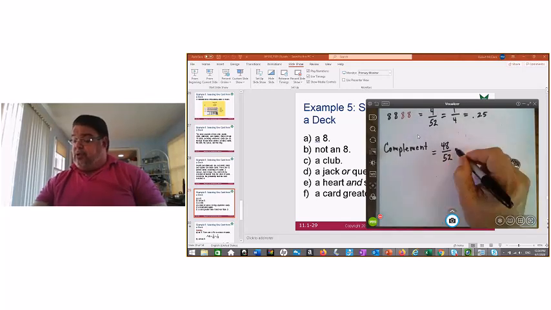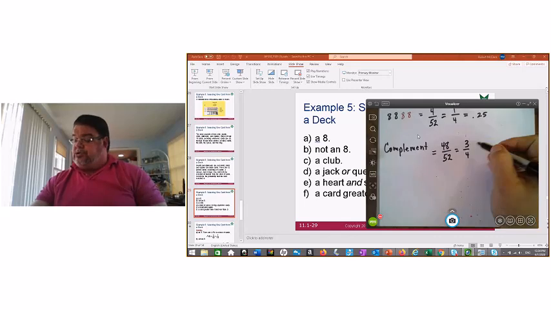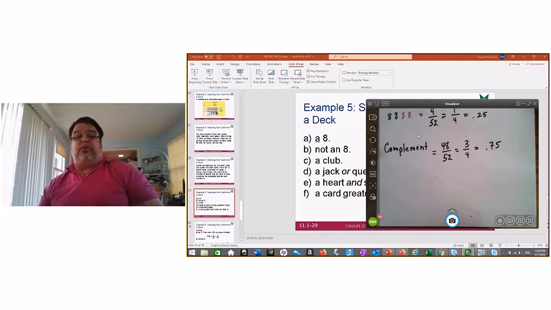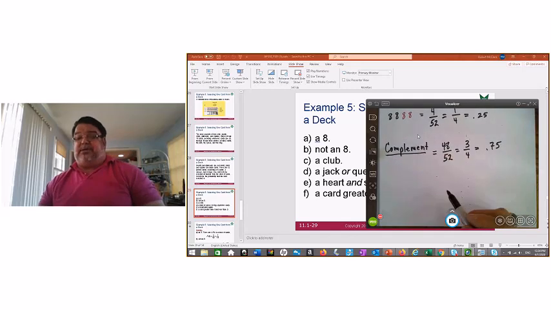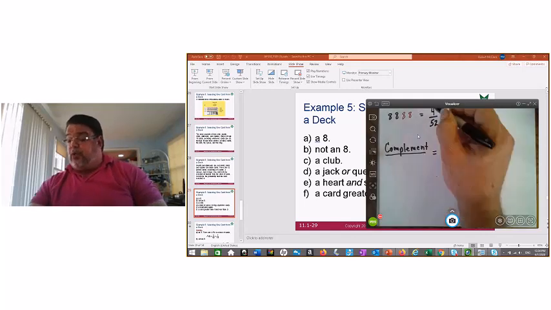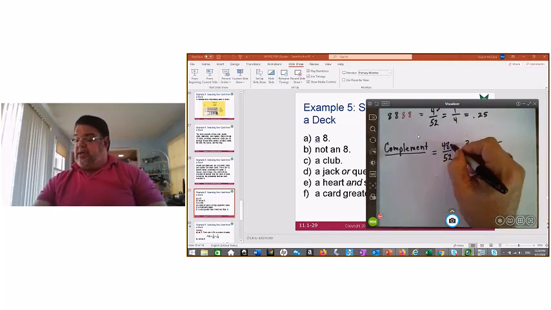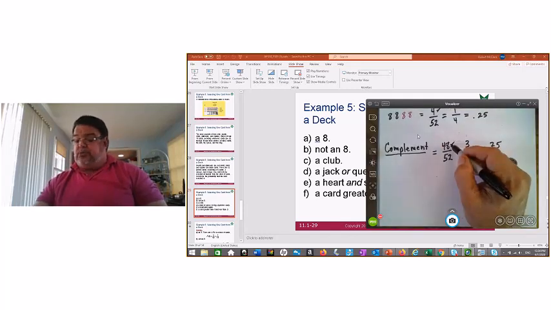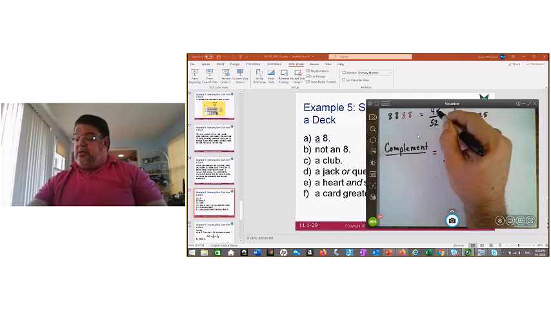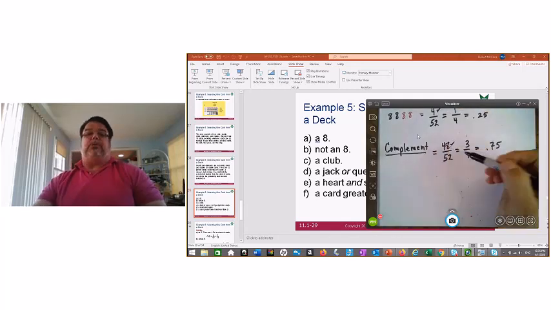And that would be 12 over 13, which is about 0.92. And that is a test question also, because the complement is very important on standardized tests. So make sure you understand what the complement is. It's what makes up the whole. The whole deck is 52 cards. So if this is 4, then this has to be 48. If this was 10, this would have to be 42. If this was 20, this would have to be 32, and so on.